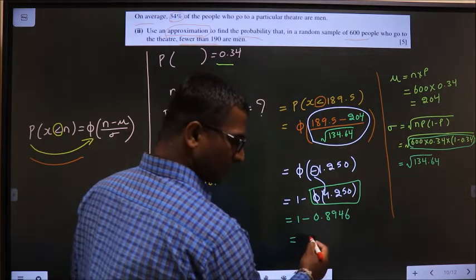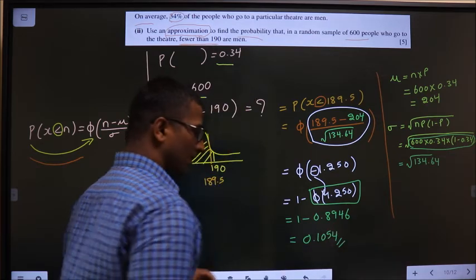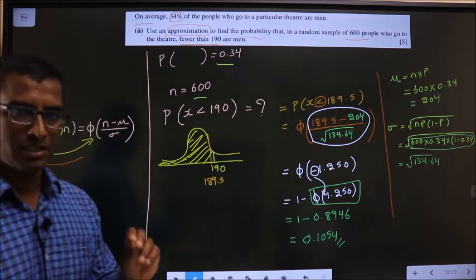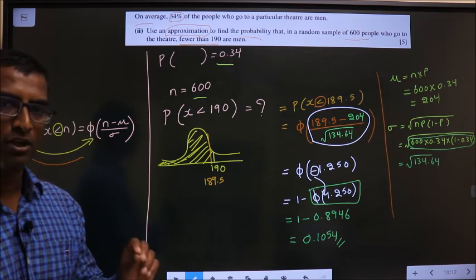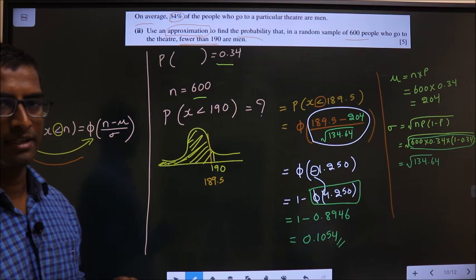So 1 minus this is nothing but 0.1054. So this is the answer. Clear? So every normal approximation question, we do it in this way. Okay.